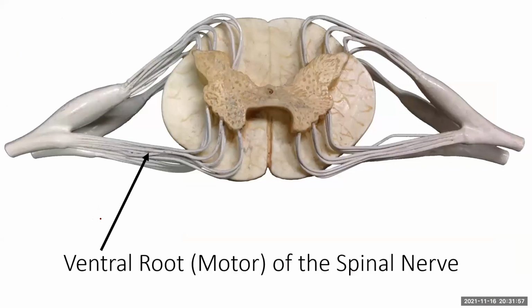That will, by the way, include motor neurons for both the somatic nervous system and the autonomic nervous system. All right, our ventral root or anterior root of the spinal nerve.